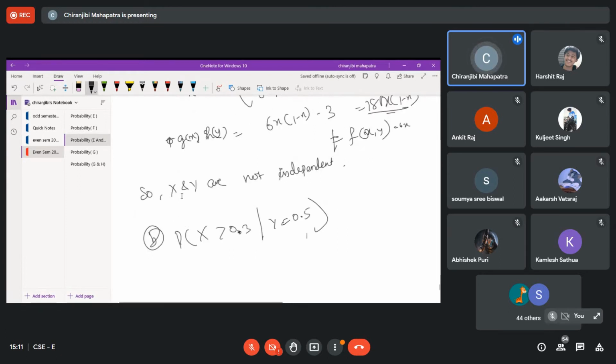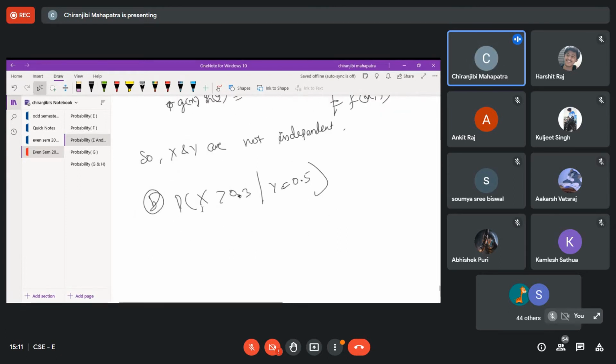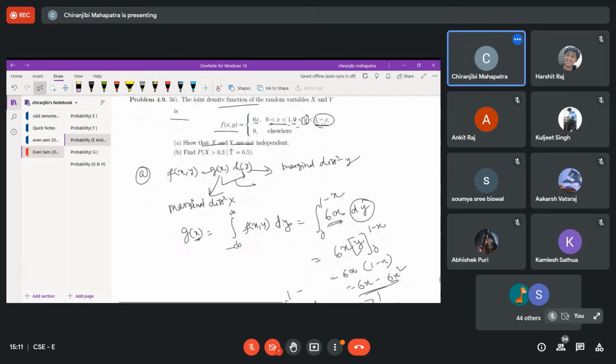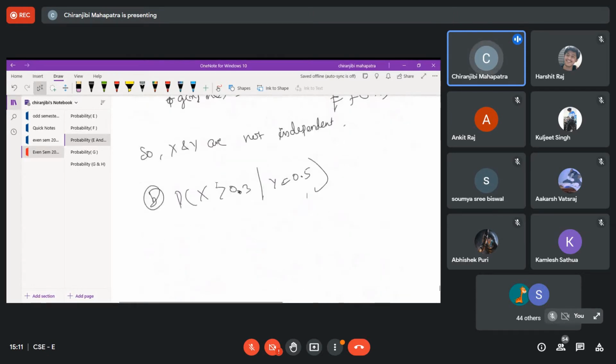Okay, the probability of x greater than 0.3 given that y equals 0.5. So how to find it out? This will be equal to the probability of x greater than 0.3 and y equals 0.5, divided by the probability of y equals 0.5.